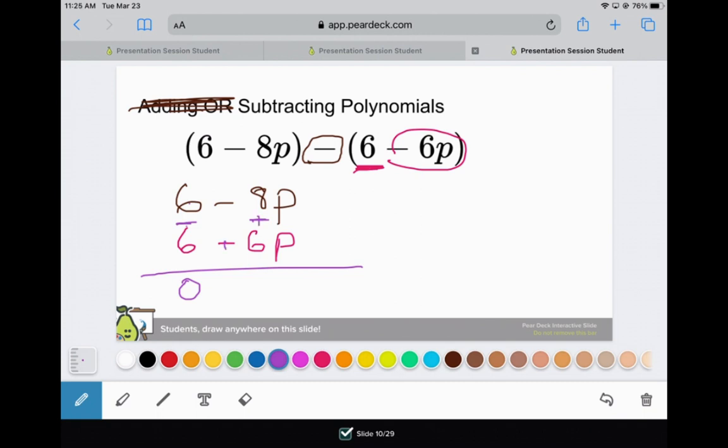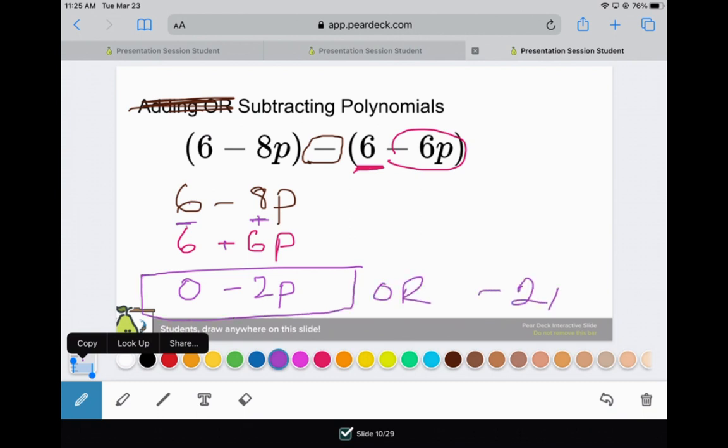So negative 8 plus 6, yes, it's going to be negative 2p. Your answer, you can leave it this way, or you can say negative 2p. It's the same. So what you see is negative 8 minus negative 6, and minus and negative turn into positive. So that's why it turned into plus 6.